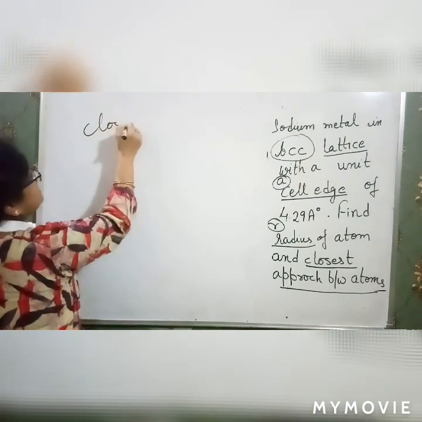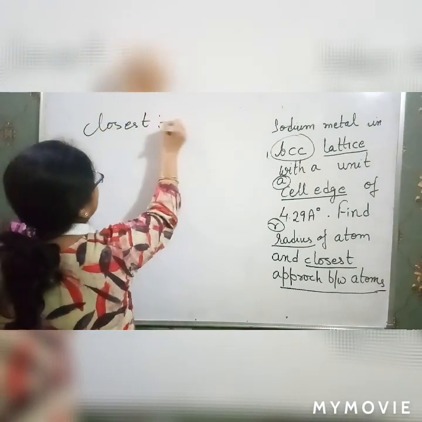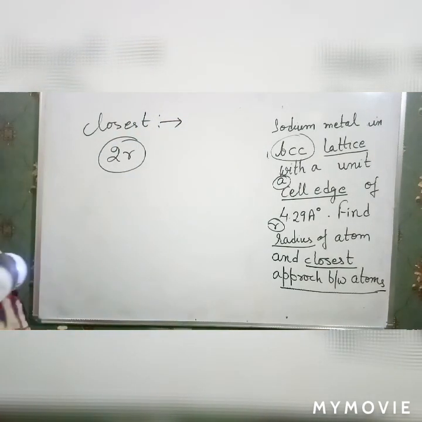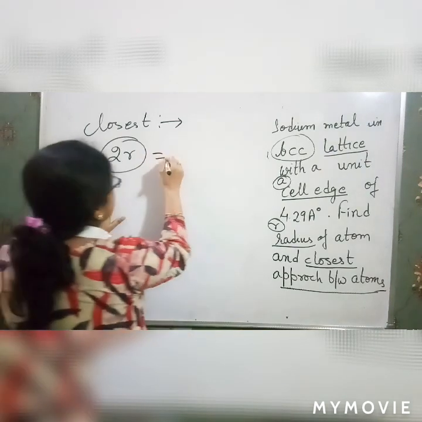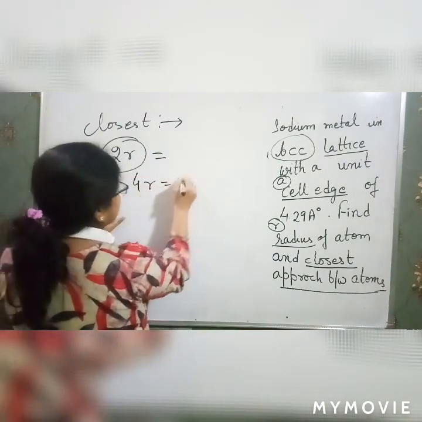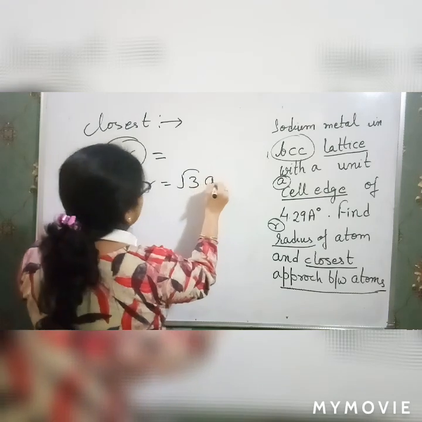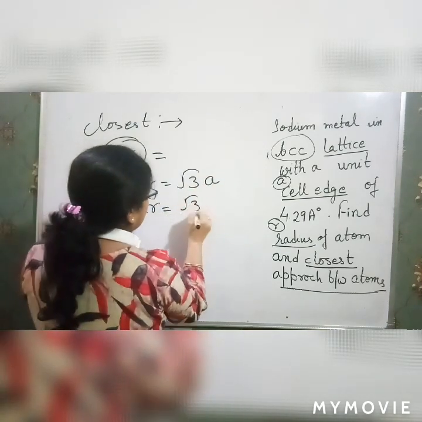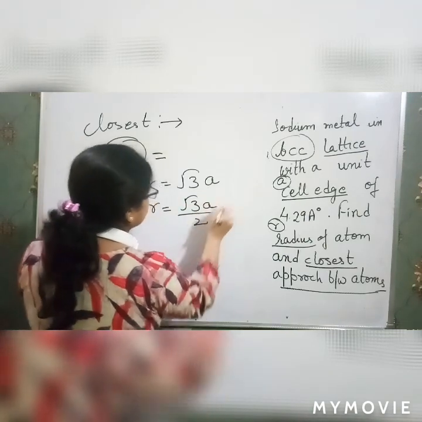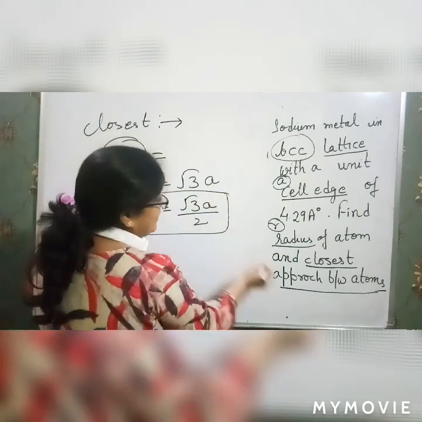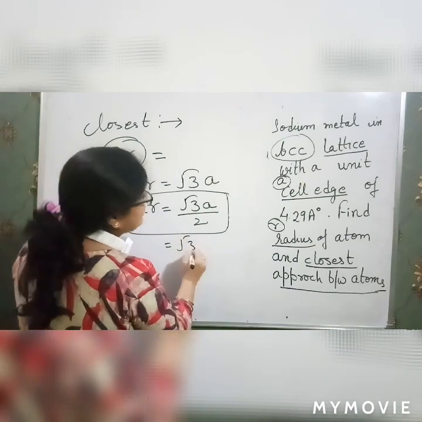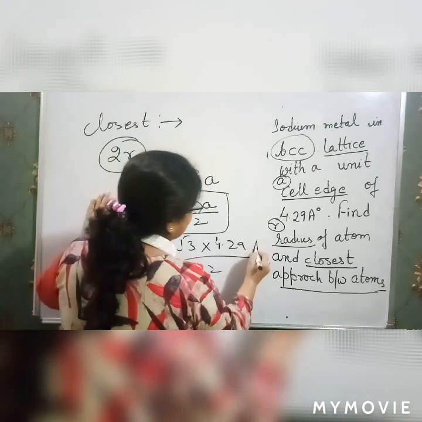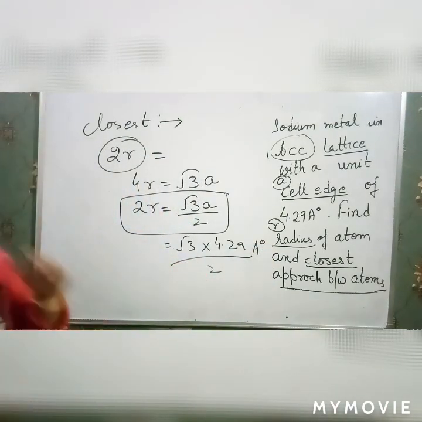So for the closest approach between two atoms, we have the formula 2r. So for the BCC, as we have 4r equal to under root 3 a, the closest approach 2r is equal to under root 3 a over 2. In this way you can find the closest approach, write the value of the edge length over here, and solving this you will get the answer.